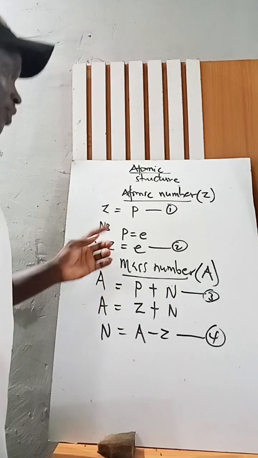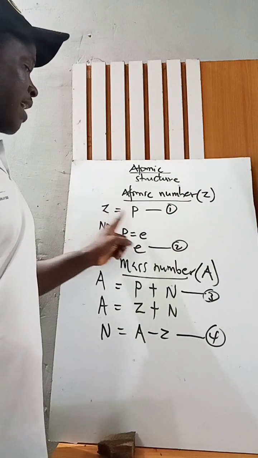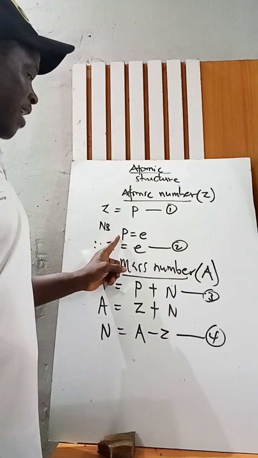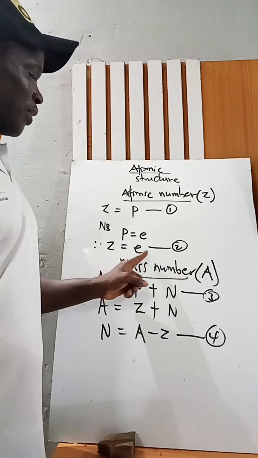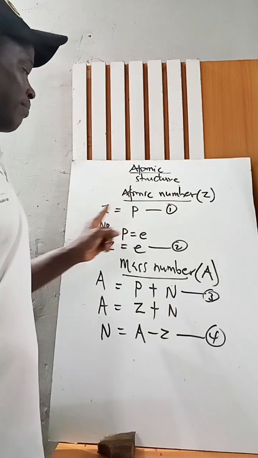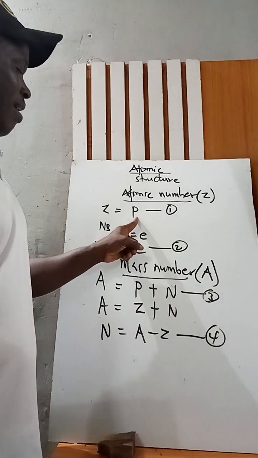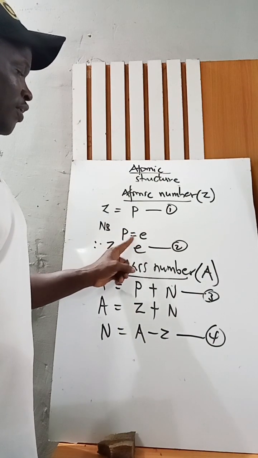So let's go over these equations. Atomic number is the number of protons. That's equation 1. Provided proton and electron are equal, Z can be equal to E, meaning Z, which is atomic number, can be equal to proton number or electron number, provided proton is equal to electron.